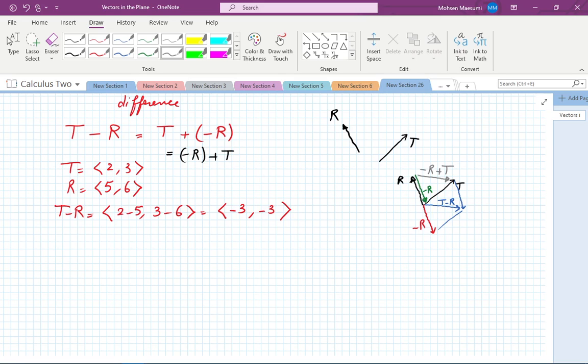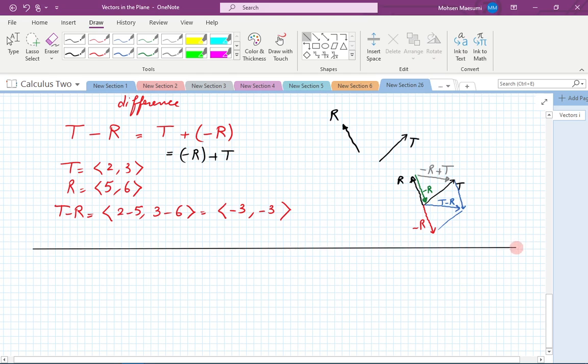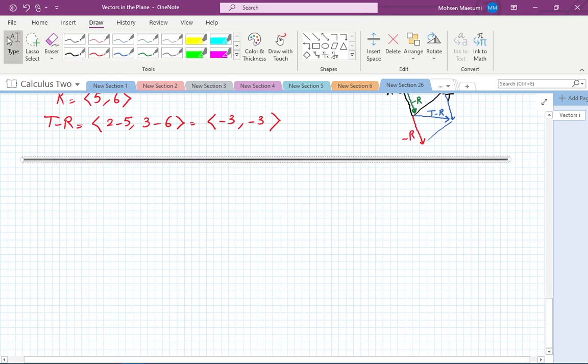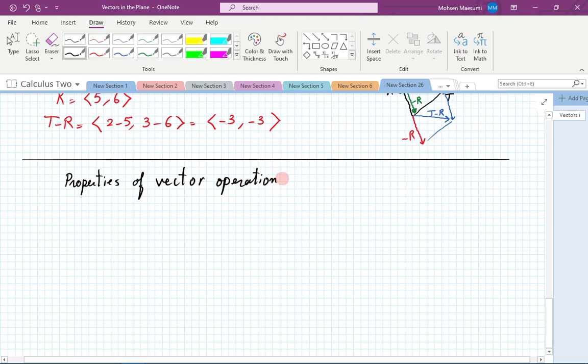Now it's easy to verify with respect to the kind of operations we detail that certain mathematical properties we are used to in high school are still valid. These are typically listed as properties or axioms of vector operations. So properties of vector operations, many of the properties you're familiar with are still here.